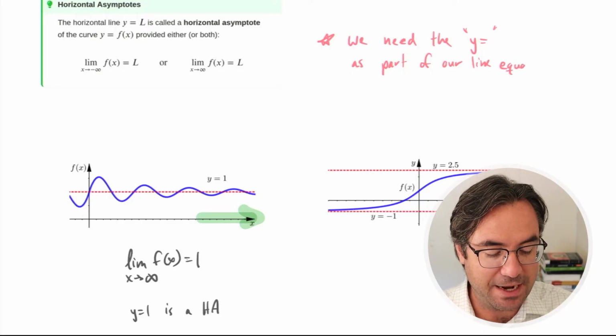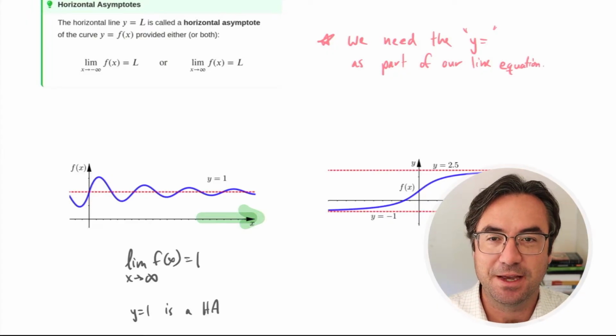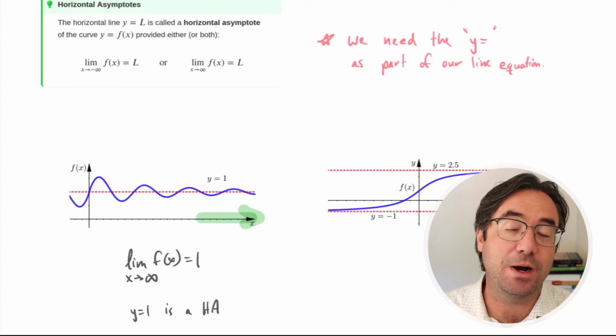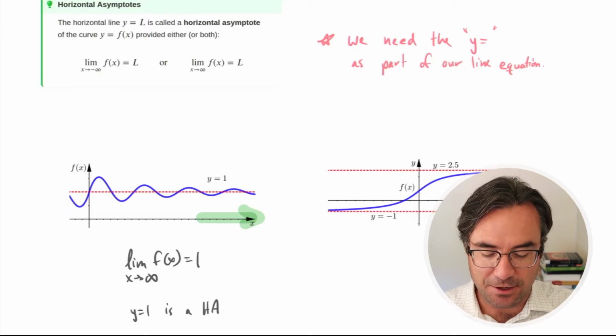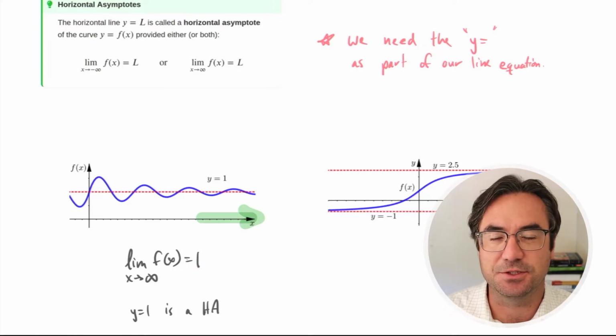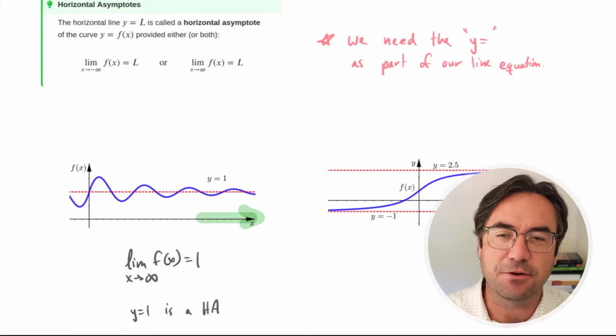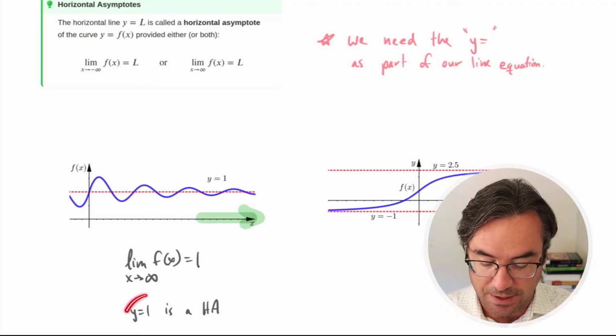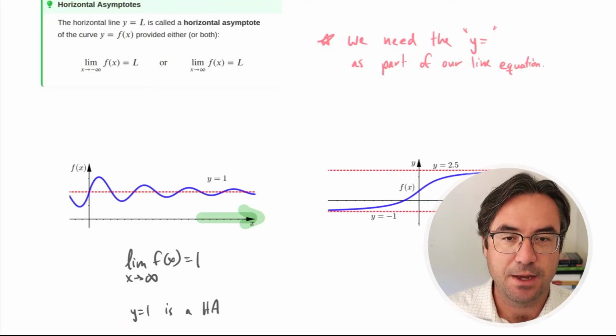So you've got to have some variables for a line equation, and for a horizontal line, it's in the form y equals. When we do these, you're going to be tempted: we'll calculate the limit, see that the limit's 1, and you'll just say 1 is the horizontal asymptote. Just be careful. It has to be y equals 1. Y equals 1 is the horizontal asymptote.